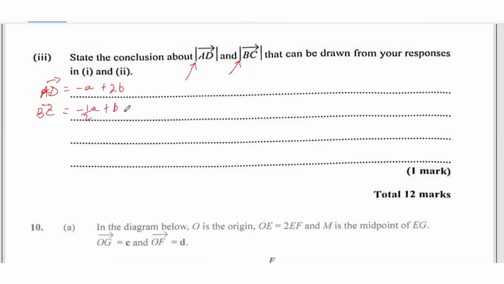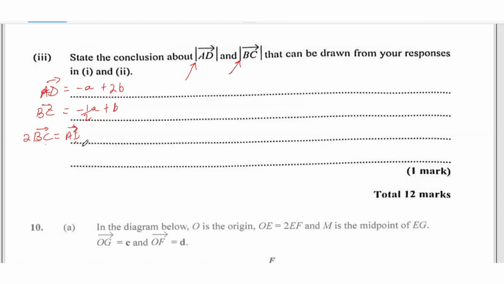For example, you can see for yourself here that if I multiply vector BC by 2, it is going to give me vector AD. Take a look. Or if you half AD, it gives you BC, whichever one you want to look at. So you can see that AD is actually a multiple of it.